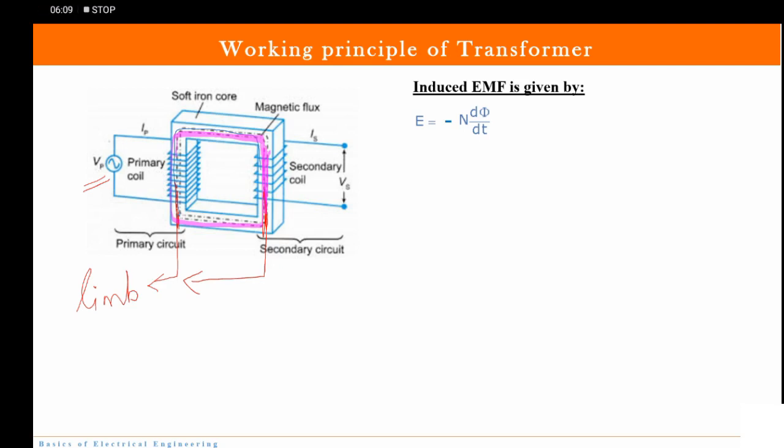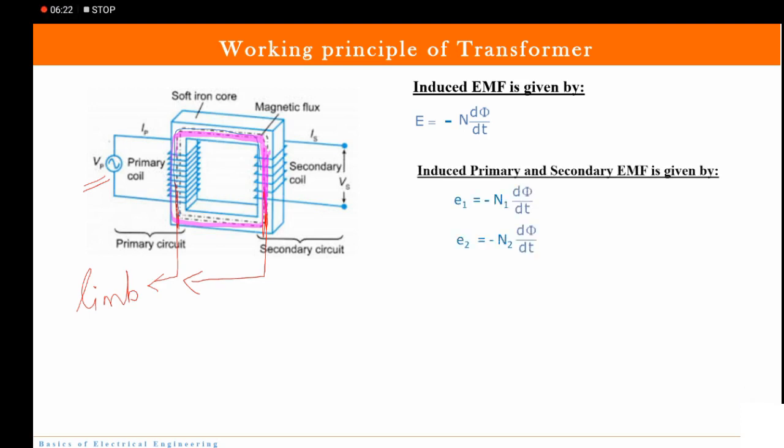Now what is d phi by dt? It is the rate of change of magnetic flux. Now what is N? N is going to be the number of turns in that coil, of course. Fine. So if you talk about here, input or primary, output or secondary, here we will have two induced voltages.